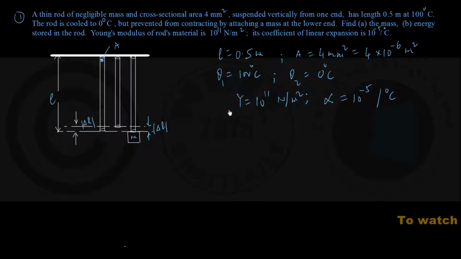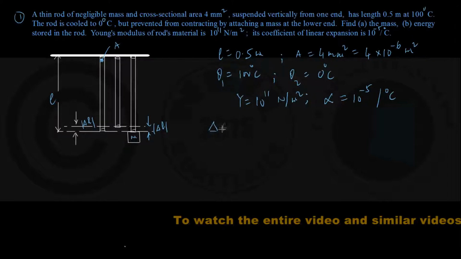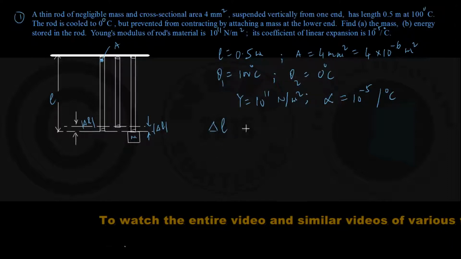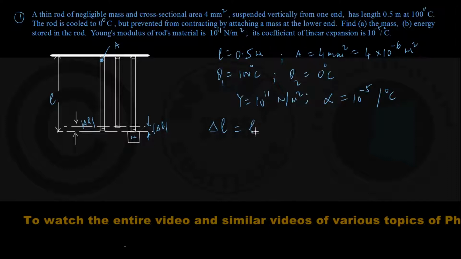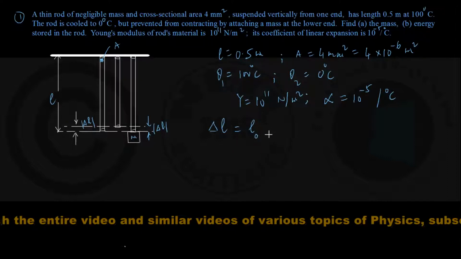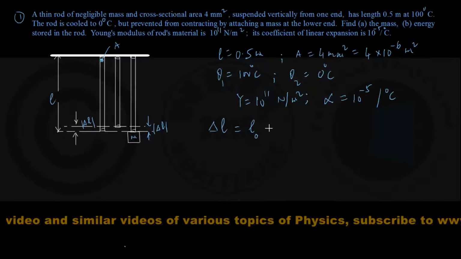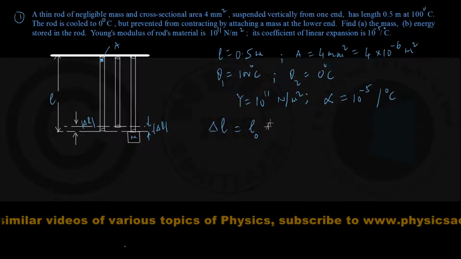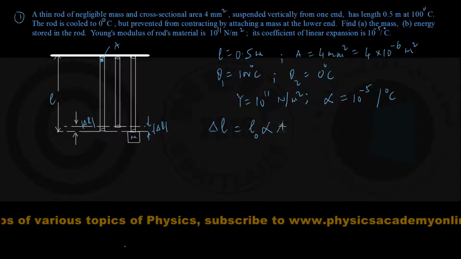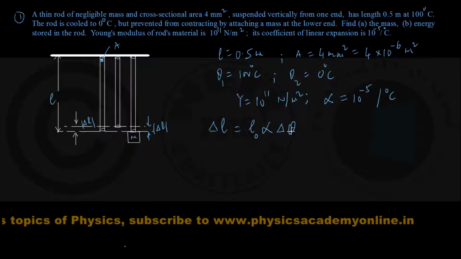Let me introduce a formula here for you from the thermal expansion chapter. It says that the change in length of a rod because of change in temperature is given by the original length L0 into expansion coefficient alpha into change in temperature delta theta.